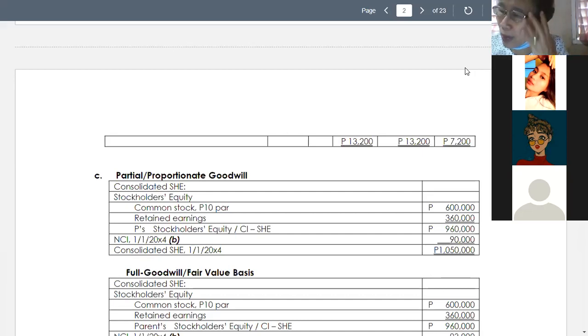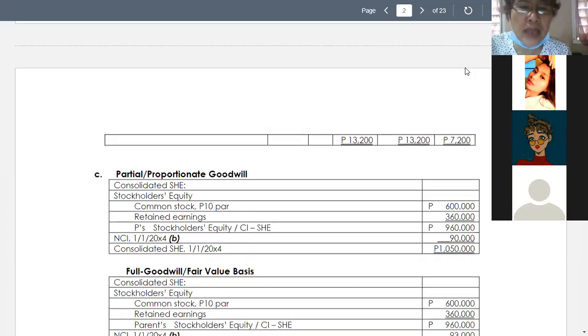So we now begin with the shareholders equity in the books of the parent, common stock and retained earnings. So the total of P's shareholders equity is equal to 960,000. And then we have the NCI's shareholders equity as computed in letter B with partial goodwill for 90,000. So the consolidated shareholders equity on January 1, 20x4 is 1,050,000.